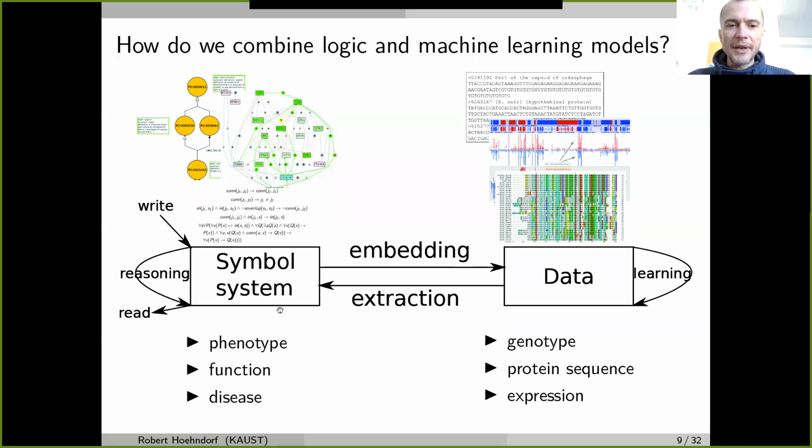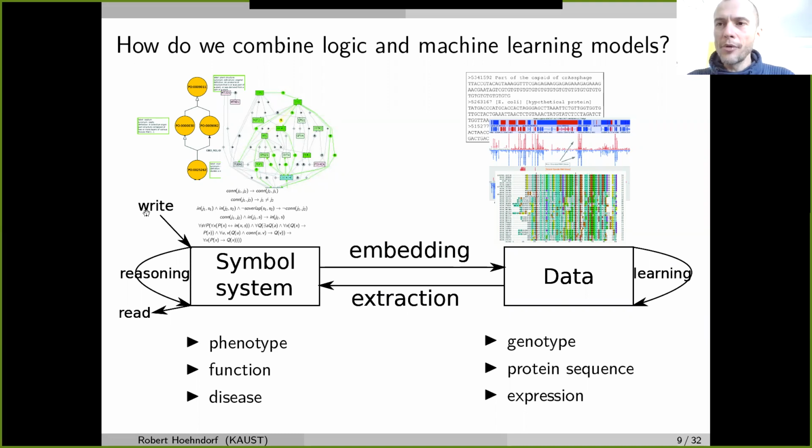So let's start with the left-hand side of this figure, where we have different types of symbol systems, which we express generally using description logic-based languages or the Web Ontology Language, as just shown. So these are symbolic systems, and the key property of a symbol system or of symbolic representation is that we can interpret the expressions written in them.